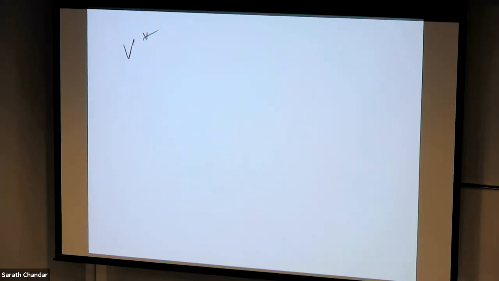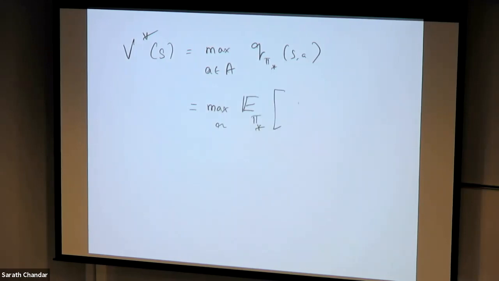What is interesting about V star compared to other V's is that it can be written without reference to any specific policy, because it talks about the optimal policy. So I can simply write V star of s to be the max over all possible actions of Q pi star of s comma a. This is max over actions of the expectation with respect to pi star of G t, given S t is equal to s, A t is equal to a.